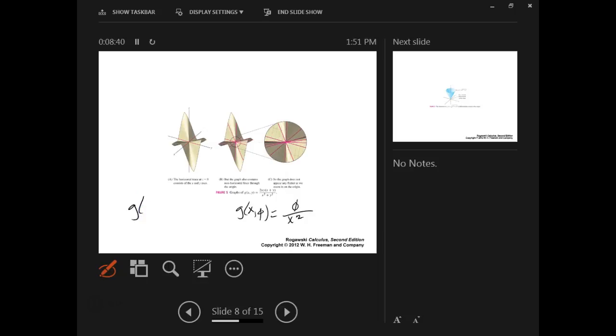G of 0y is also going to be 0. That's why your x and y axes are on your graph. But it can't be 0, 0 at the same time, so at the origin the function doesn't exist. So there should be a hole there. I don't see one in the drawing, but earlier we had drawings that were like that.